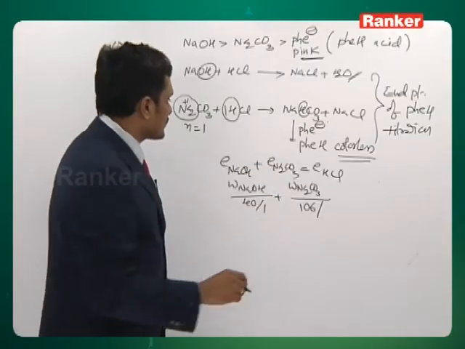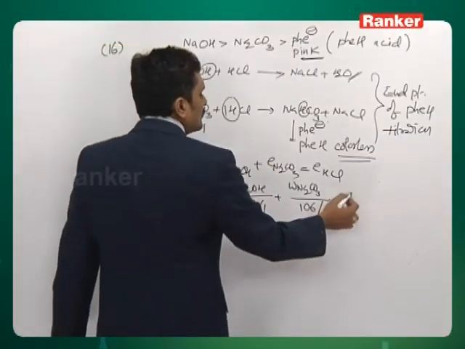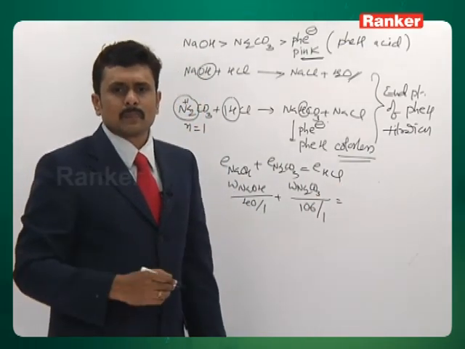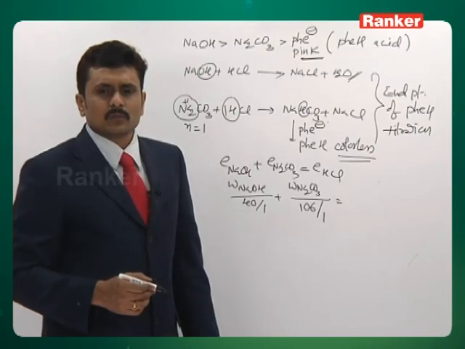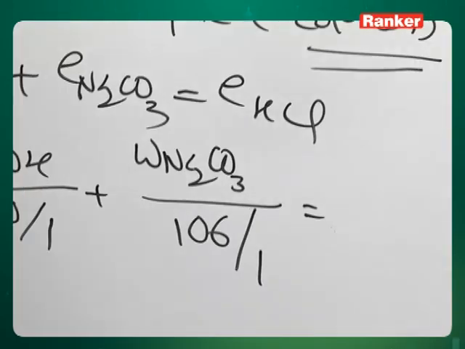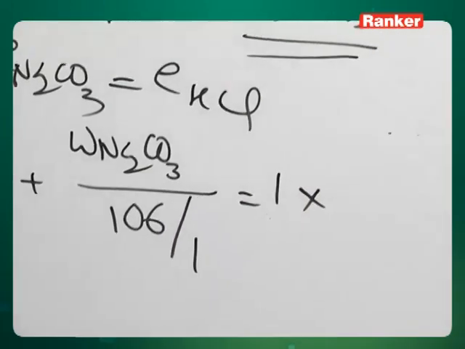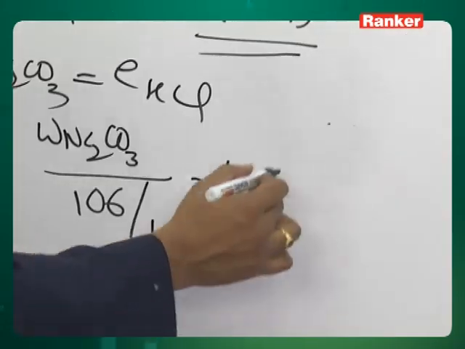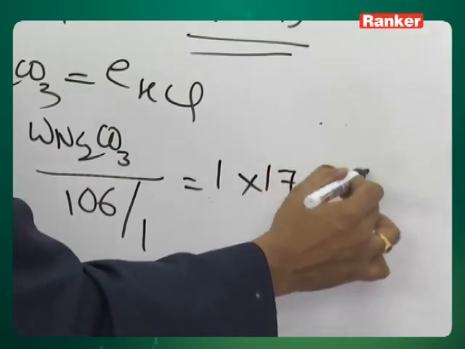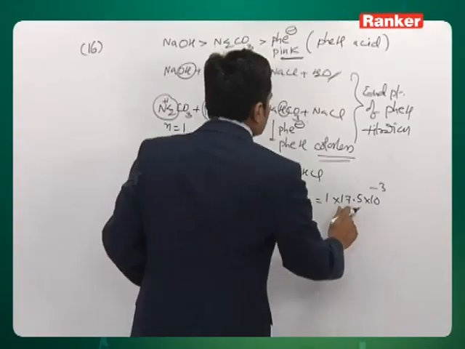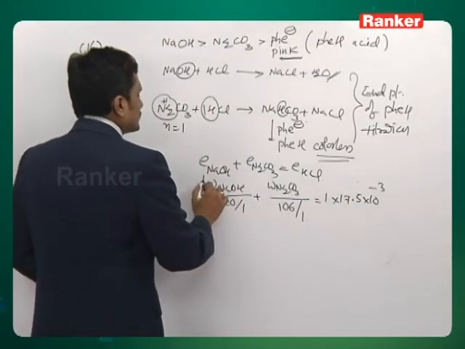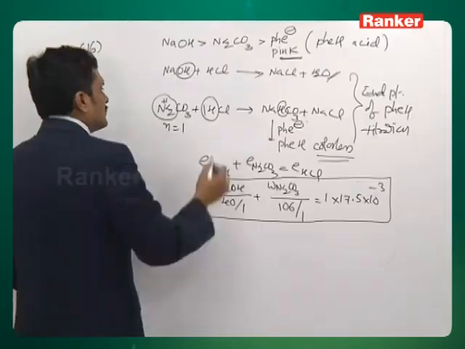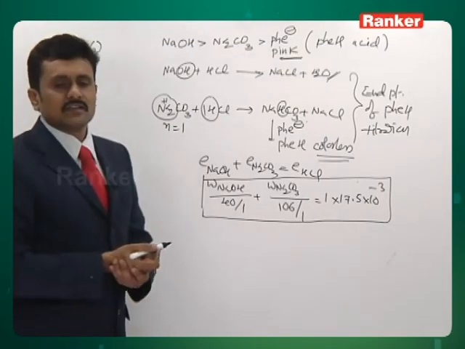We have to take the N factor as 1, which is equal to the normality of HCl, which is given as 1 normal, and the volume of HCl which is used for the titration is 7.5 milliliter. So when I multiply the normality with volume in liter, I will be getting the gram equivalents. Now these are the gram equivalents of HCl which have reacted for the phenolphthalein end point.